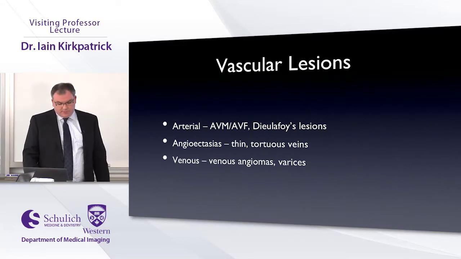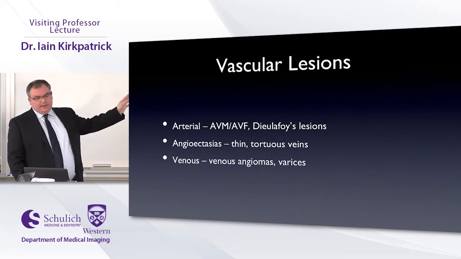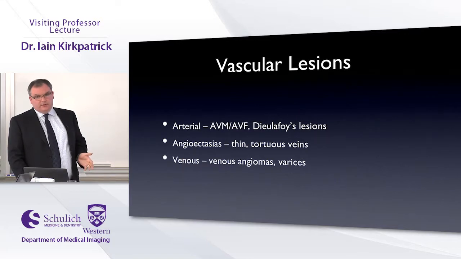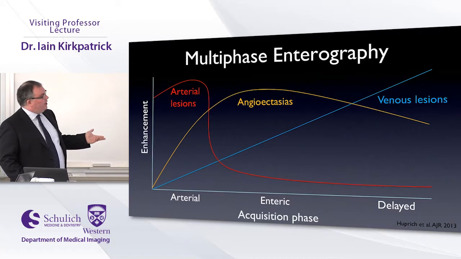Now, the Mayo Clinic looked at that meta-analysis and said, you know what, then maybe we need to change what we do and to try and capture more of these vascular lesions if capsule endoscopy is seeing them and we're not.